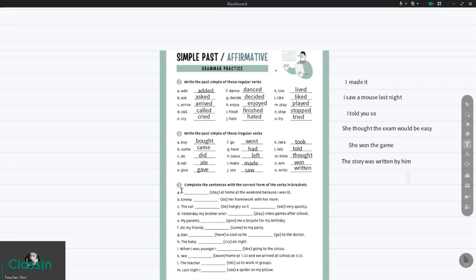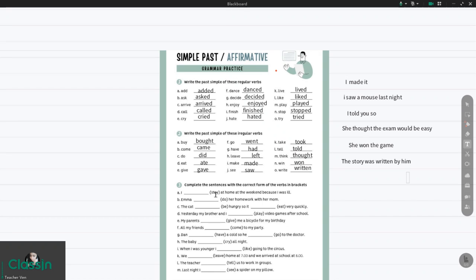Okay. So for letter A, I blank stay at home at the weekend because I was ill. Okay. So let's analyze it. There is the word was, right? Was, meaning it's referring to an action that happened in the past, right? So technically, we are talking here about past tense, right?